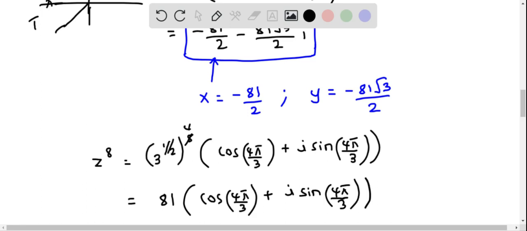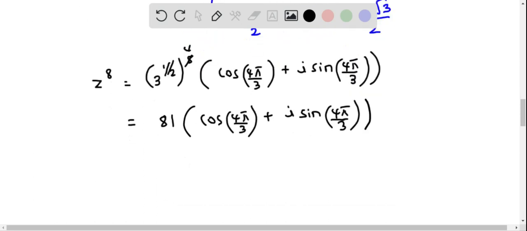We identify r and theta from this expression. The number which comes in front of this complex number expression basically represents r, and the argument part of the sine as well as the cosine function basically represents theta.